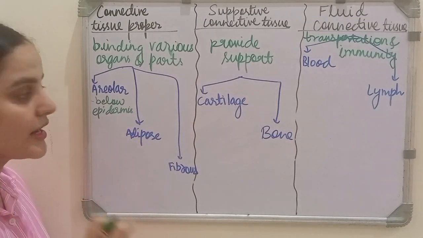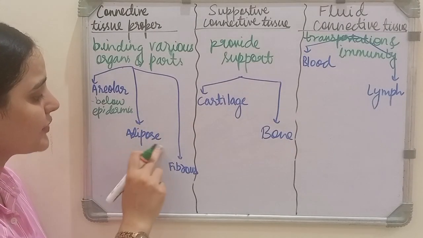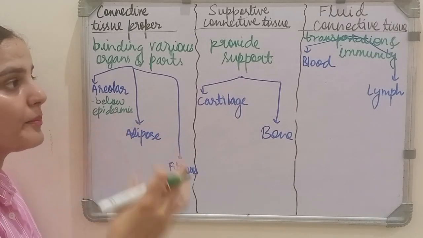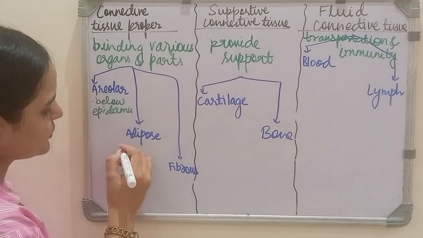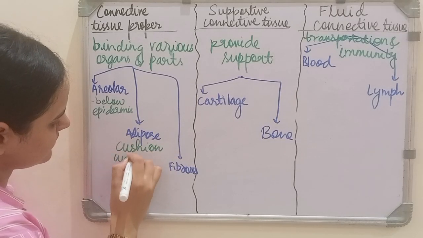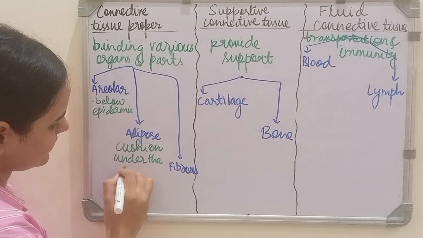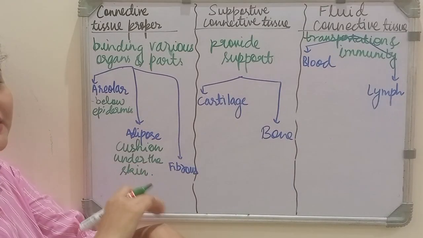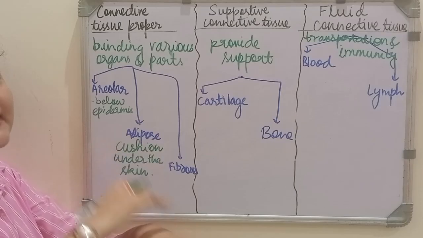Now, adipose connective tissue forms a cushion, or padding, under the skin, so that you won't get hurt.